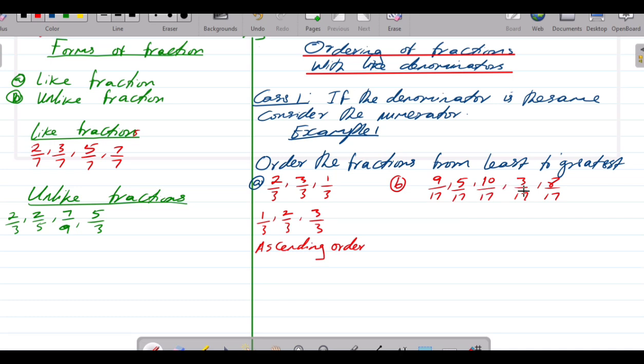The numerator with the smallest value here is 3. So we have 3 over 17, followed by 5 over 17, 8 over 17, 9 over 17, and 10 over 17. So we've just arranged these numbers in ascending order, that is from least to greatest.